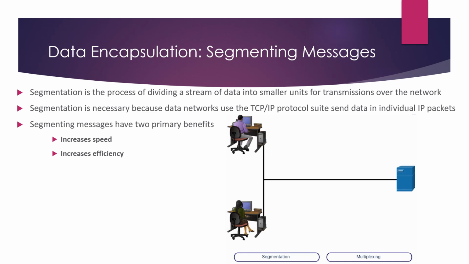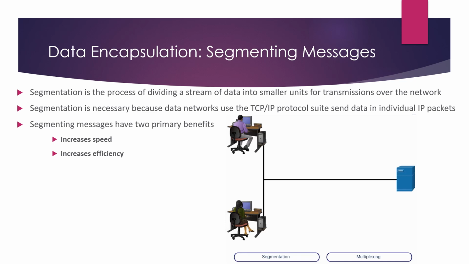Segmentation is necessary because data networks use the TCP/IP protocol suite and send data in individual IP packets, where each packet is sent separately, similar to sending a long letter as a series of individual postcards. Packets containing segments for the same destination can be sent over different paths.